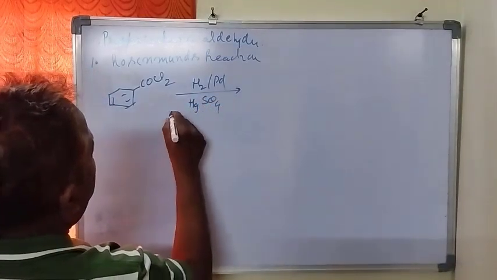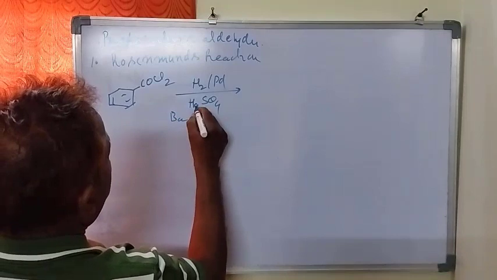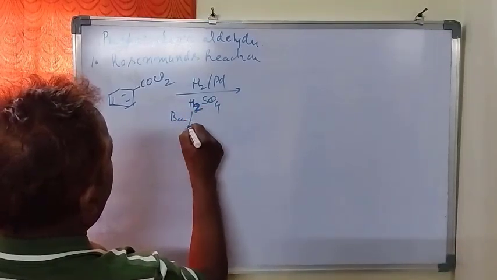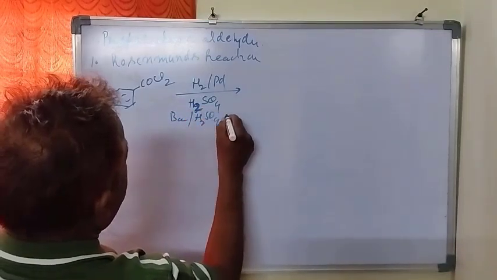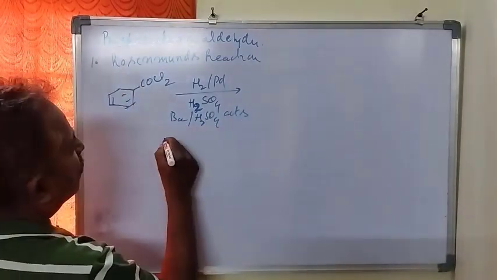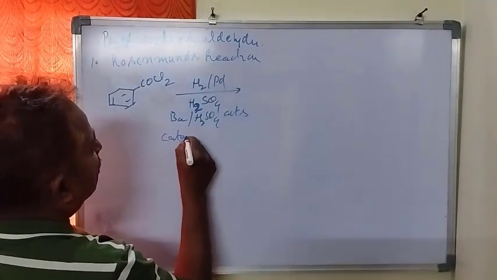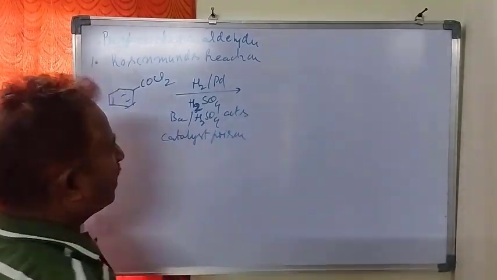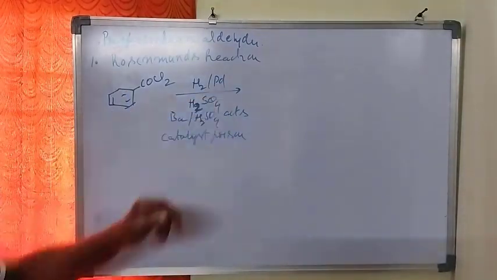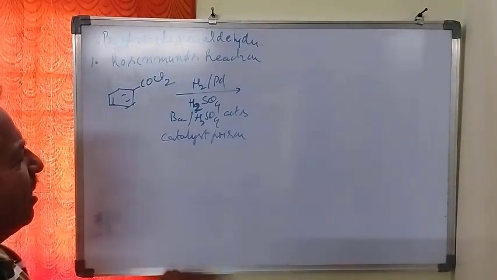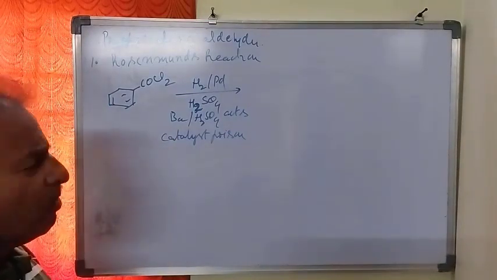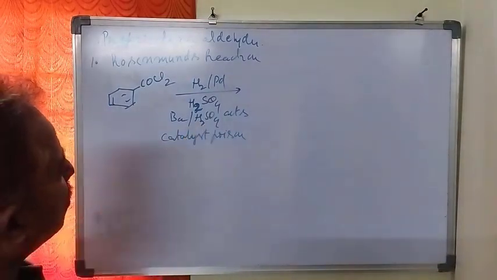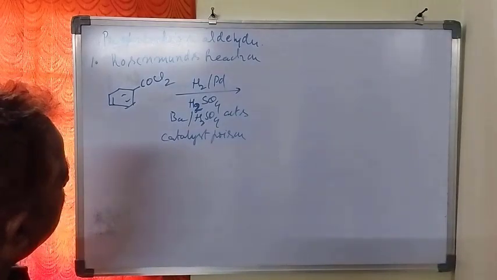barium sulfate, BaSO4. Barium sulfate acts as a catalyst poison. See here, the activity of the catalyst, that is palladium, is decreased by using barium sulfate. What happens if the catalyst poison is not used?